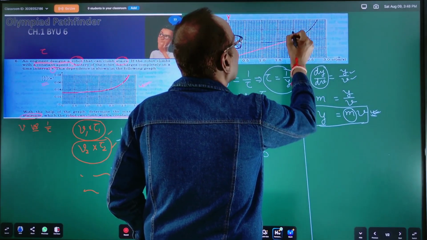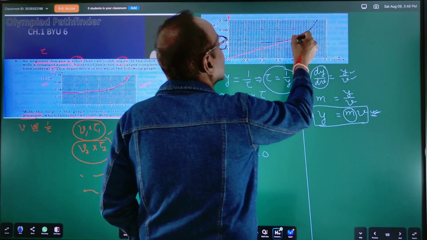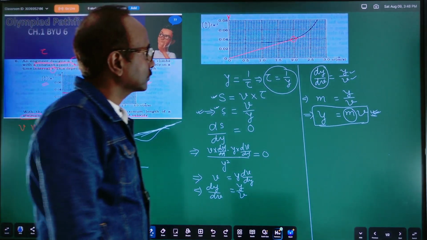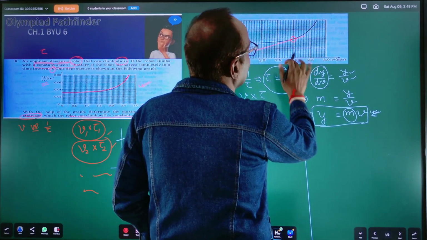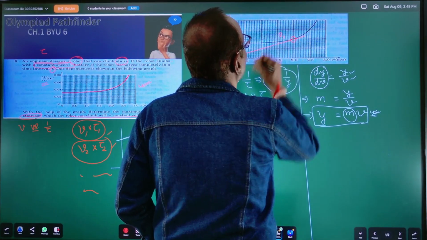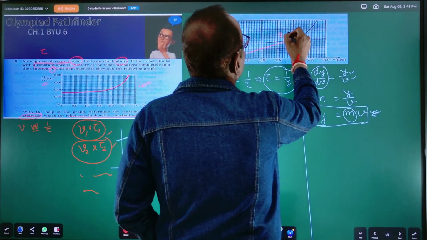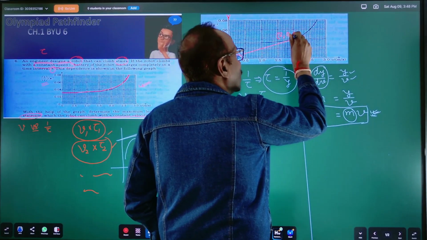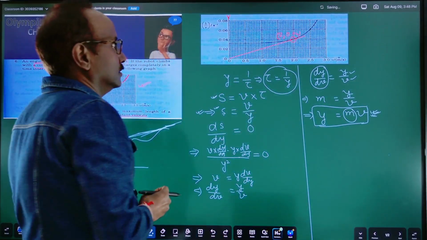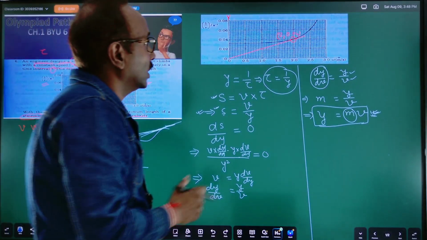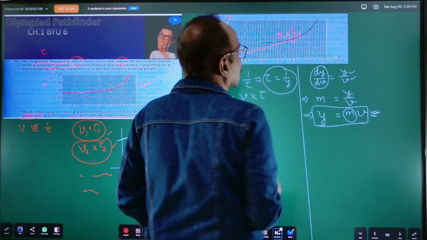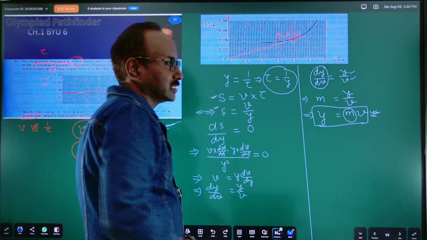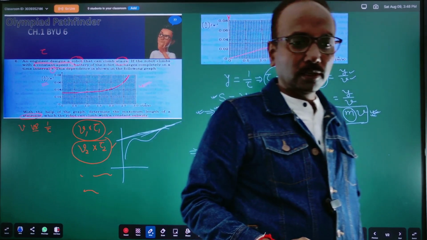So this is the point where it touches the graph. What is the coordinate of that point? v is 2, so it is 2 comma y is 0.04. For this point, if we use that coordinate, we will get the maximum distance covered by the robot.